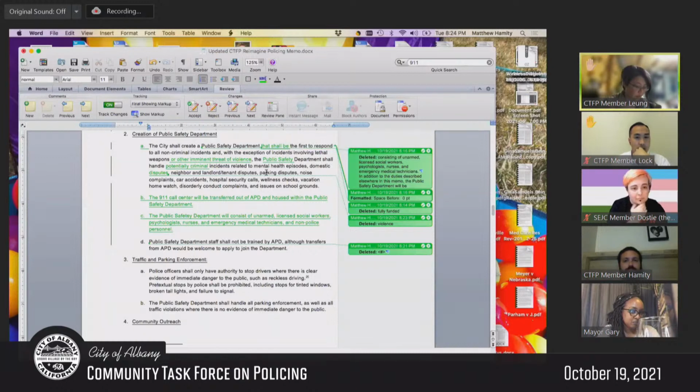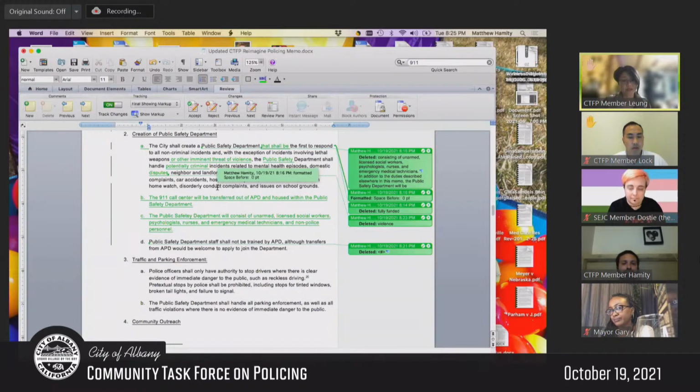Well, I used to work with Advance Peace, the program that used to be in Richmond, and now it's expanded. And as we're talking about a public safety department, the program in Richmond used to be called, or is called, the Office of Neighborhood Safety. I think we're talking about a paradigm shift. In Advance Peace, the idea is that even around gun violence or gang violence, what we really want to focus on is conflict de-escalation.